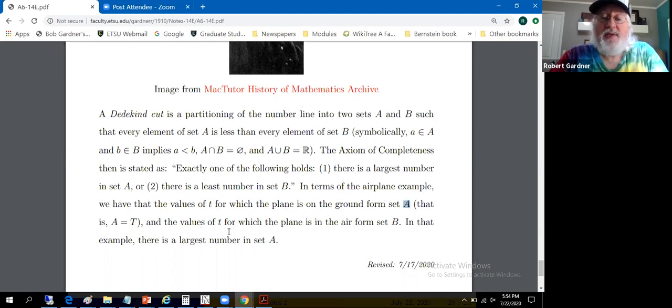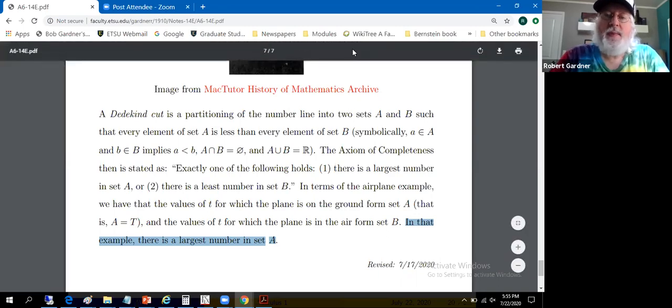And when the plane was in the air, those times form set B. And we found out in that example that set A contained a largest number, T sub L, the last point in time when the plane was on the ground. Now, without the story of the plane, it could be the situation where set B contains a least number and set A doesn't contain a greatest number. That's possible for sets of numbers, but that doesn't fit our story about airplanes.